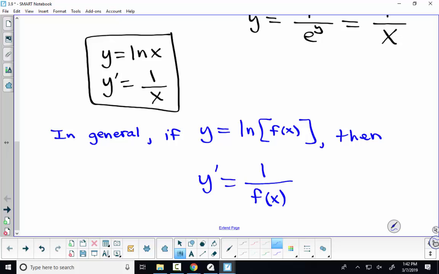The derivative of the argument? Yeah, the derivative of the function, derivative of the argument.